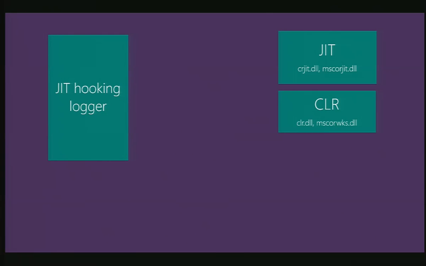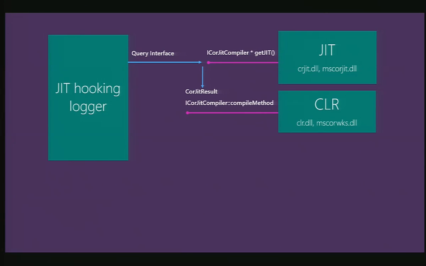As you can see here, the just-in-time hooking logger is what I developed. It will first query the interface from clrjit.dll to get the getJit function. Calling this function returns the address of the interface of the ICorJitCompiler.